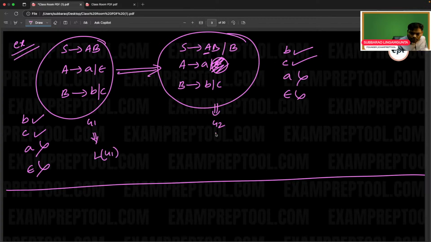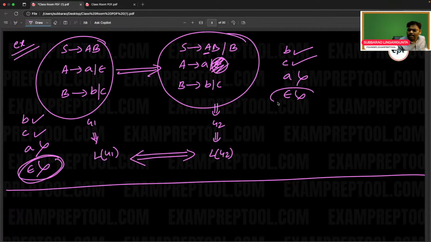Language of G2, assume that L of G2. So these two are equal. Whatever the left side is generating, right also will generate the same, because the maximum difference is epsilon. See, epsilon not possible on the left, and anyhow epsilon not possible on the right. That is the only difference, and that difference also is not there. So then they both are equal.